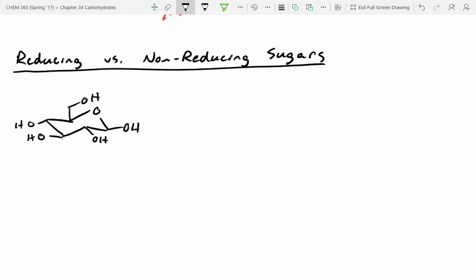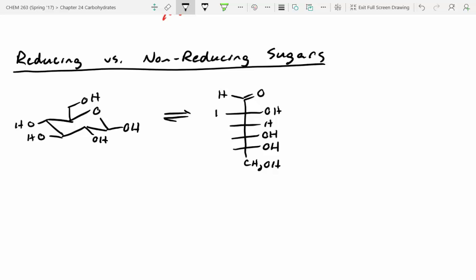All right, so if we think about this, we said that this can interconvert between the closed chain and open chain form. And then you can oxidize this, right? Depending on the strength of your oxidant, you can make an aldaric acid or an aldonic acid.